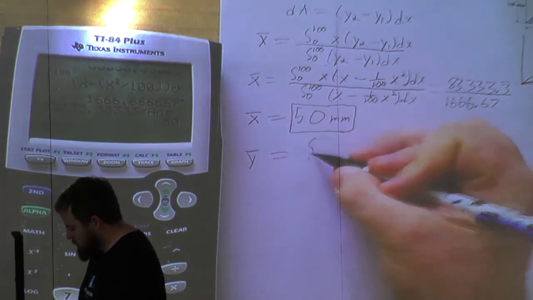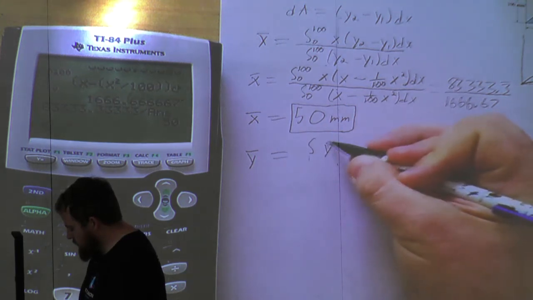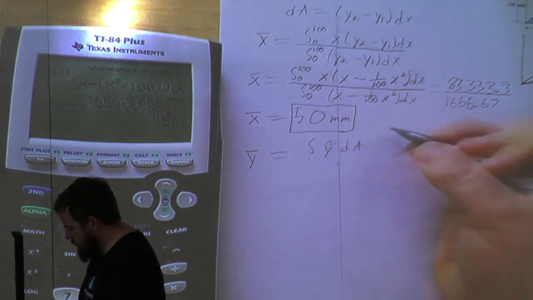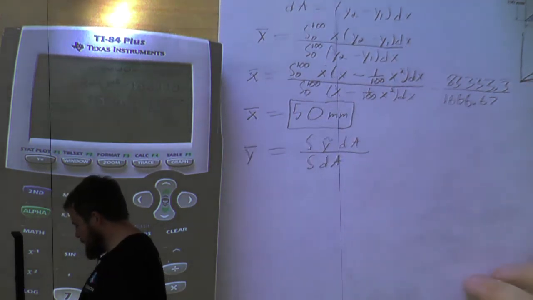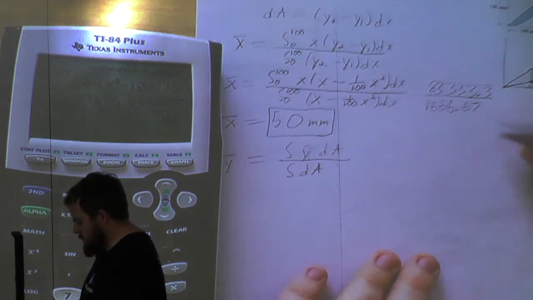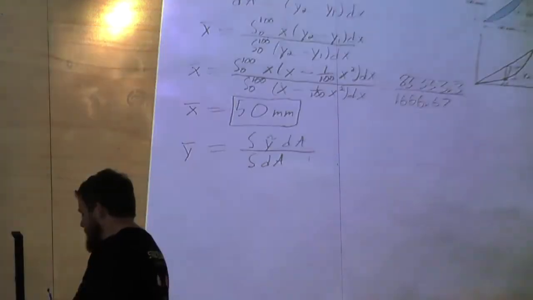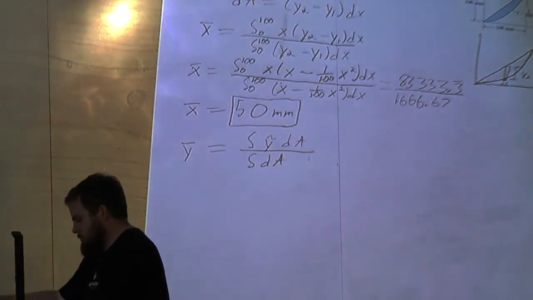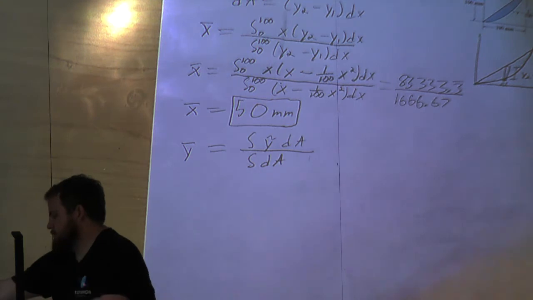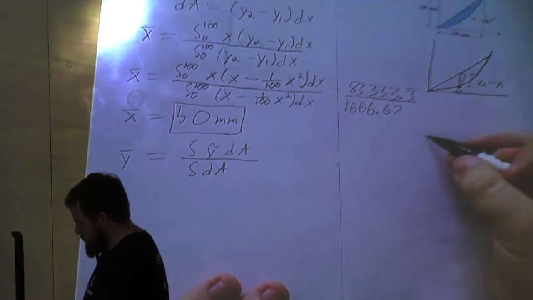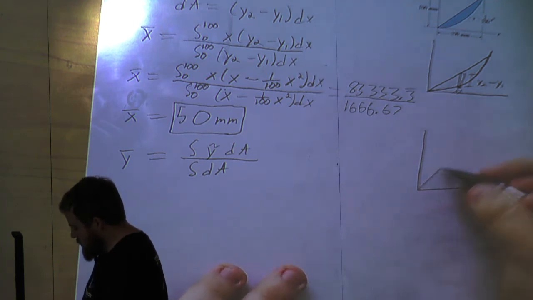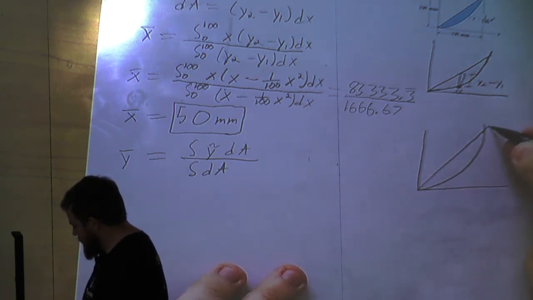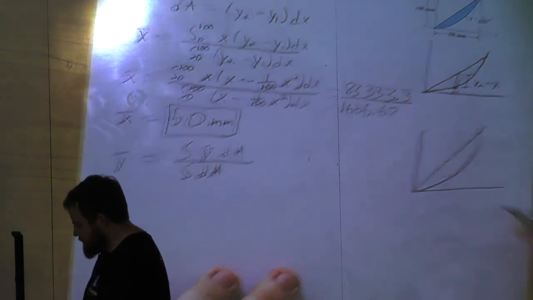So y bar, same formula, except now it's a y dA over integral dA. Okay. So let me draw this again for you guys. Okay.